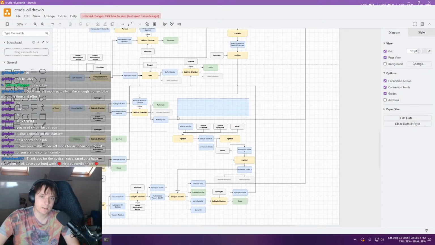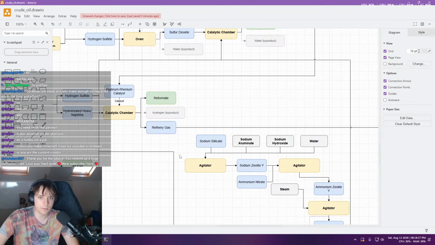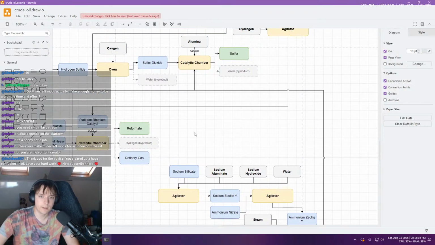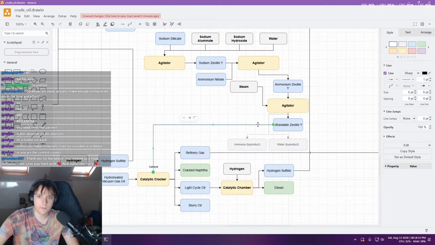I don't want to use this necessarily because of the reformate. Actually, I'll probably put petrol processing in its own thing because it does kind of need its own thing. So okay, what we'll do then is we will have it here and then it can just jump over this, right? By the way, let's make that do a line jump.